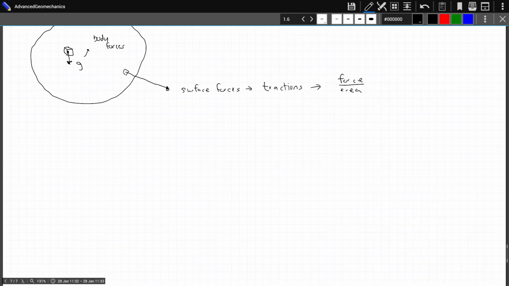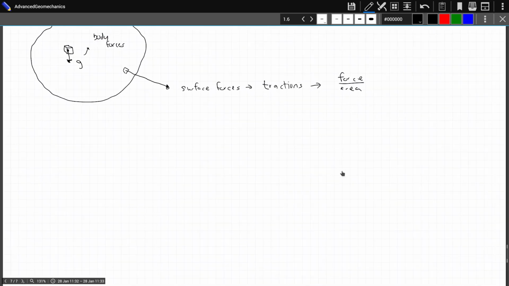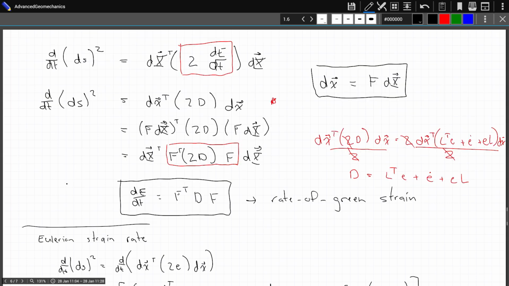What I'm going to do, it's going to take a little bit to draw this correctly, is take that little cube and pull it out and plop it onto a coordinate axis. Dang it.